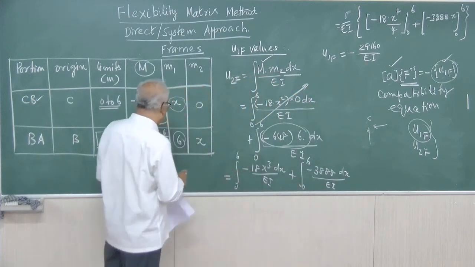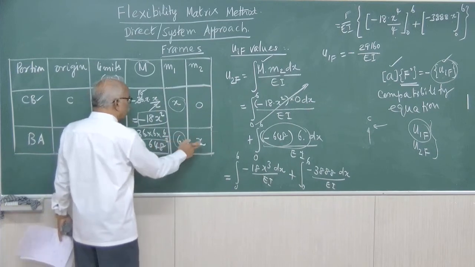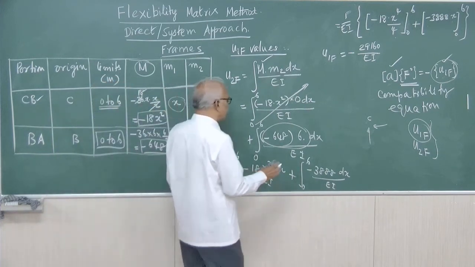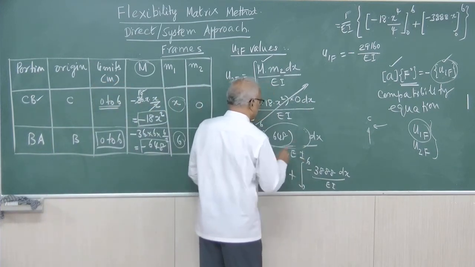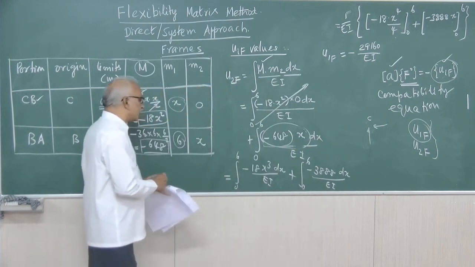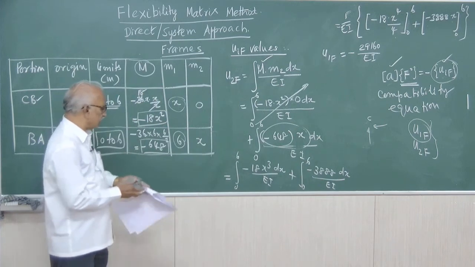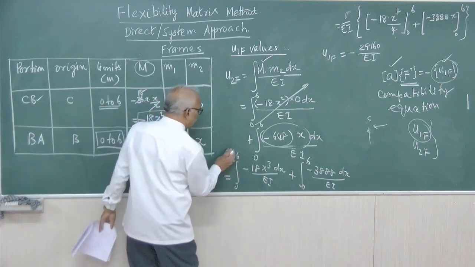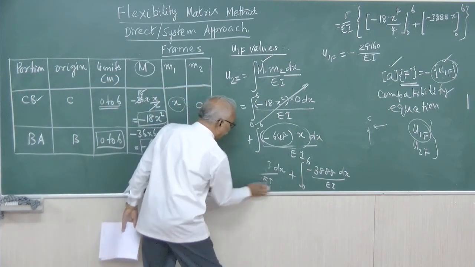For the second one, M is the same, M2 is x. Everything else, the limits and EI, is the same, so we integrate and simplify.